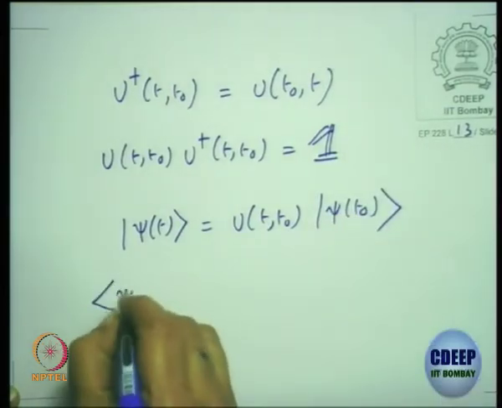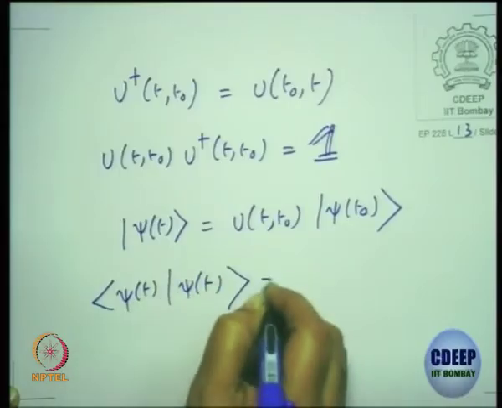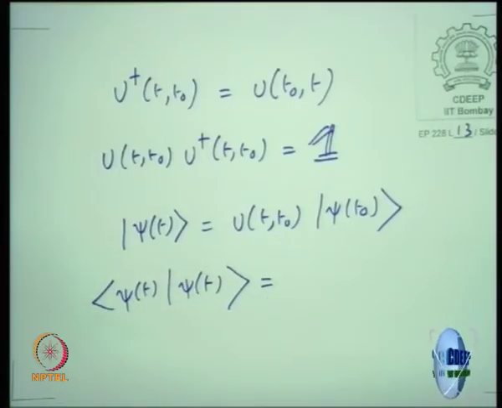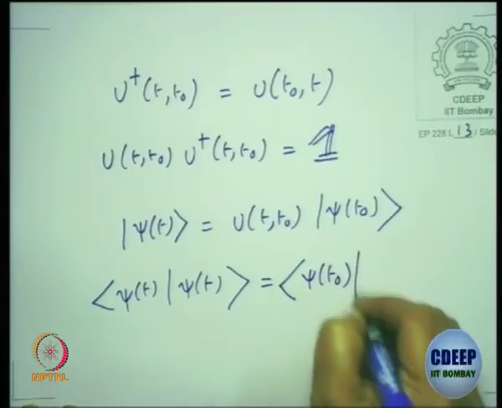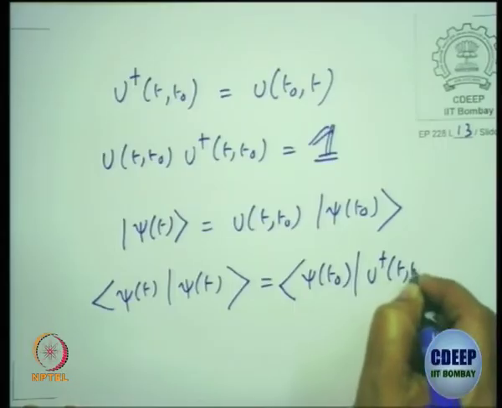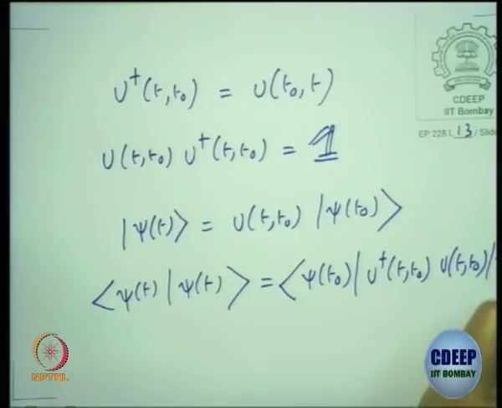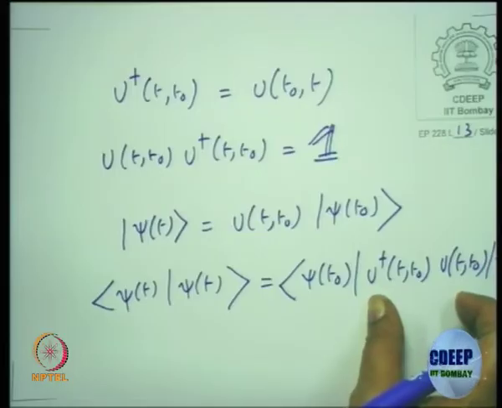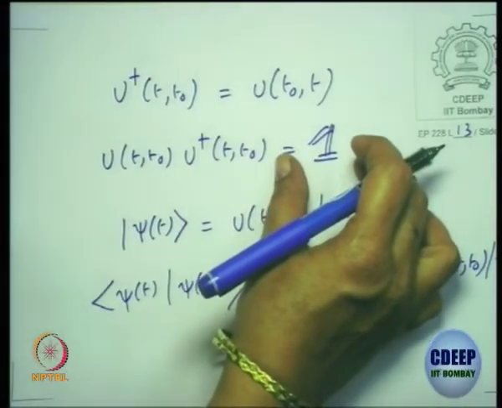You can write the inner product of psi of t with psi of t to be psi of t0, U dagger(t, t0), U(t, t0), psi of t0. And use the property that U dagger U is identity.